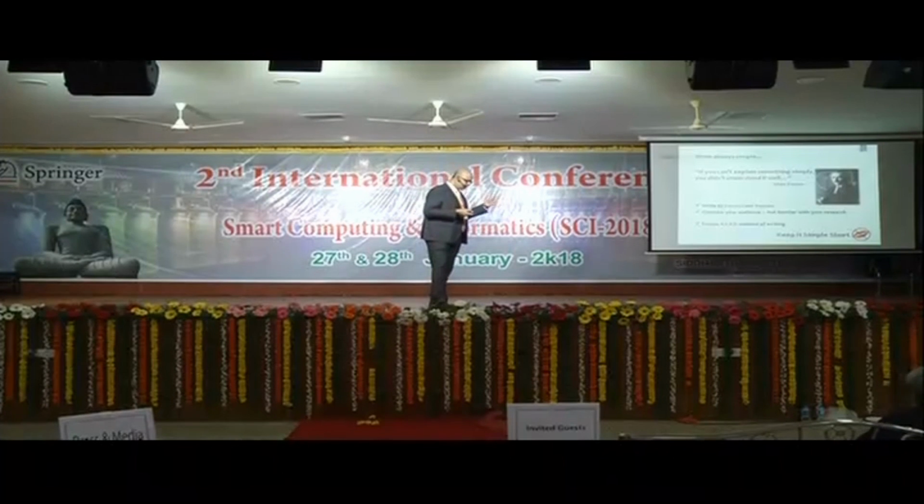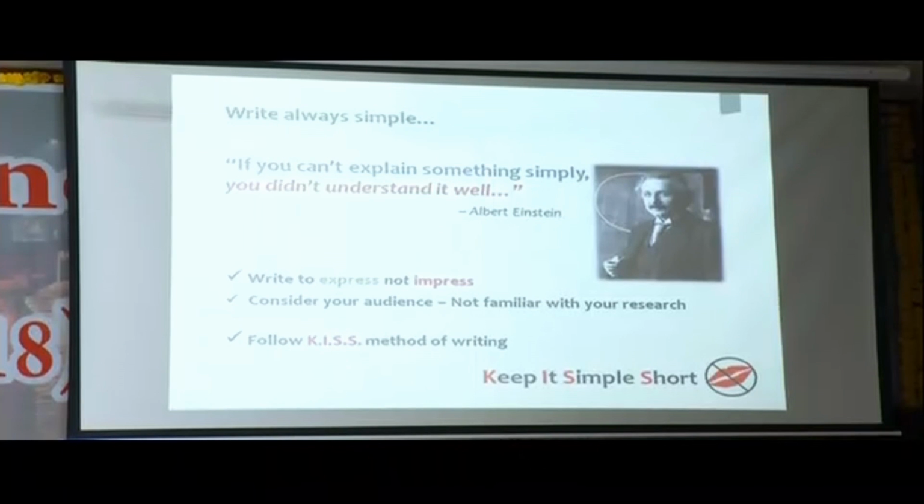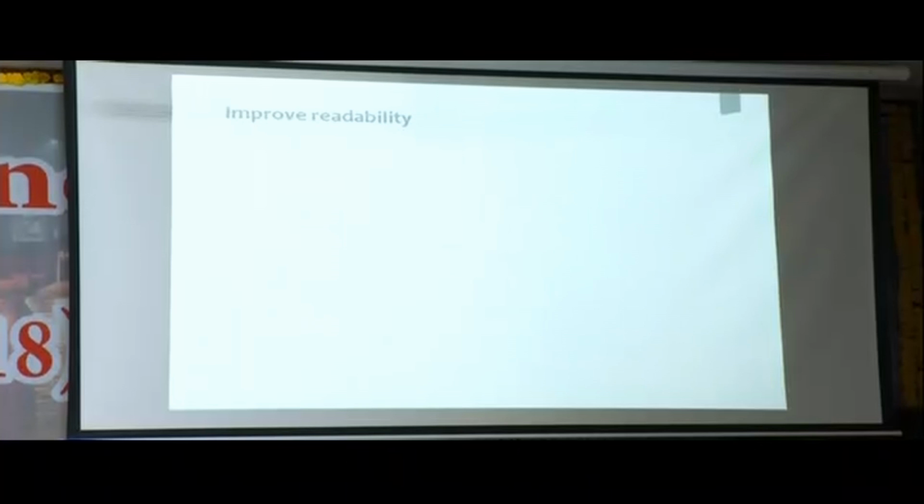One way to attract people to cite you and read your work is to follow the effective way of writing. The first recommendation is to write simply, to express, not to impress. The target is improving readability, and effective writing will help you improve readability.